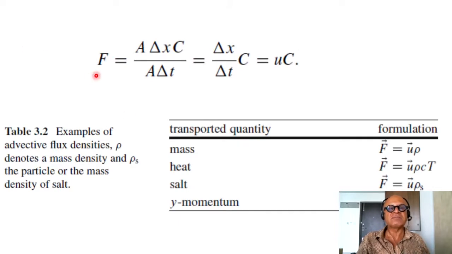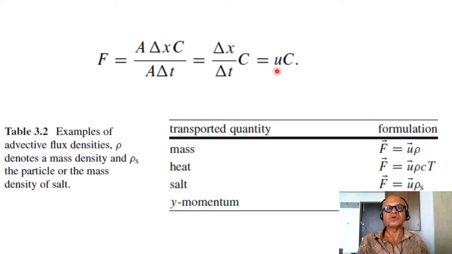So the flux then becomes A, the cross section, times delta x, that gives us volume, times the concentration C, the amount moved, and it has moved over A delta t. So we end up with cancelling A, delta x over delta t times C, and as delta t and delta x go to 0, delta x over delta t is of course the velocity of the fluid.